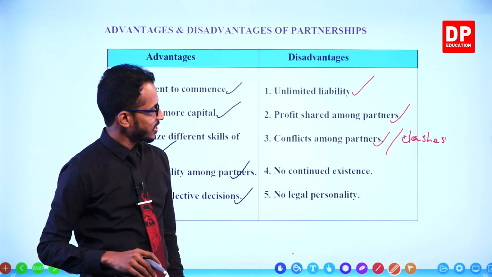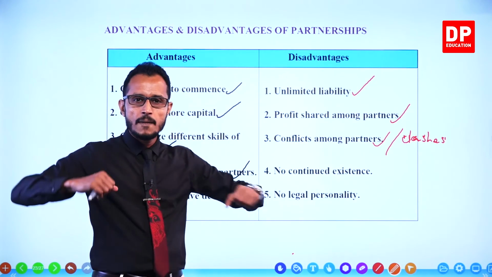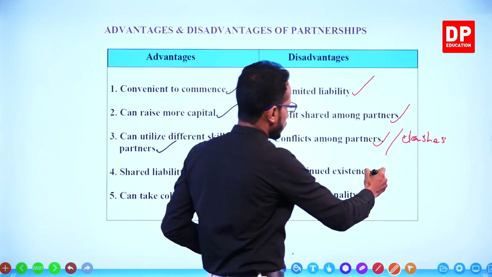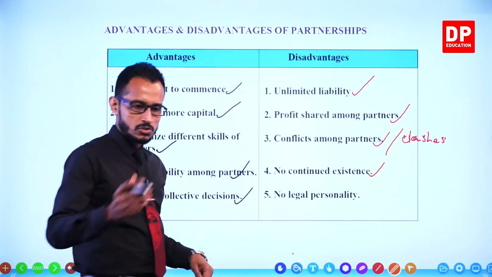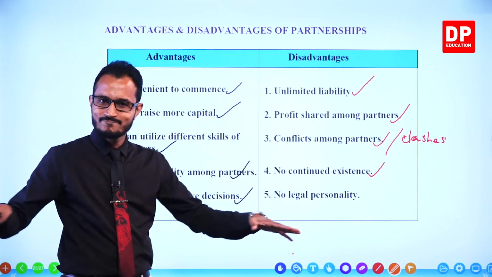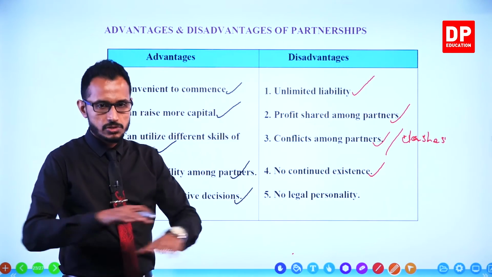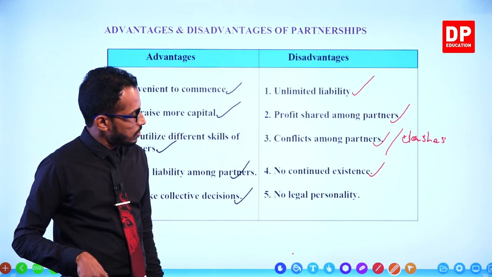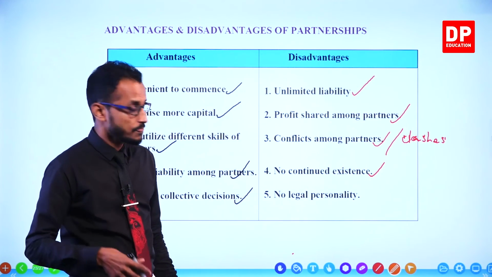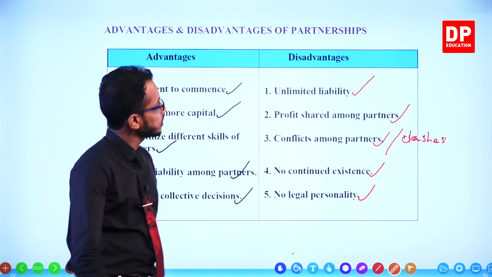Clashes could occur, conflicts among partners. That is a disadvantage. No continued existence. If a partner dies or goes mad or goes abroad, the business should be wound up, ended. No continued existence. No legal personality.